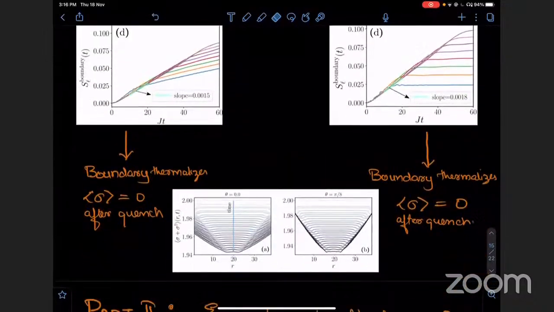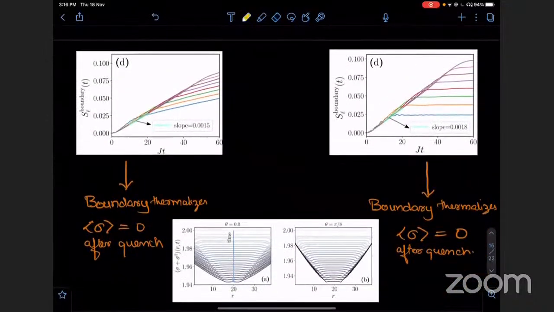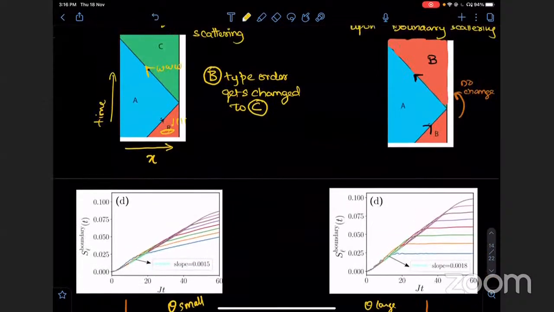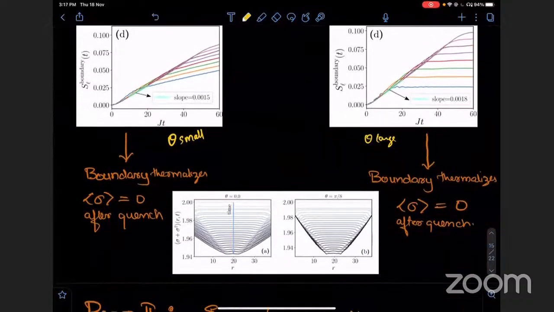Okay, so this is the result for small theta, and these are the results for large theta. And we see that at large theta, the entanglement saturates instead of continuing to grow because of the effect that I just mentioned. Okay, what does it have to do with thermalization?